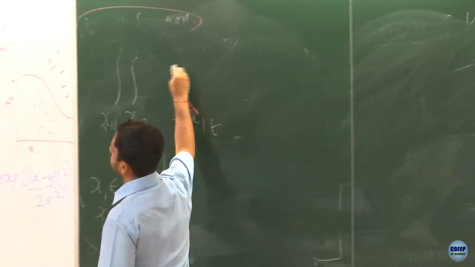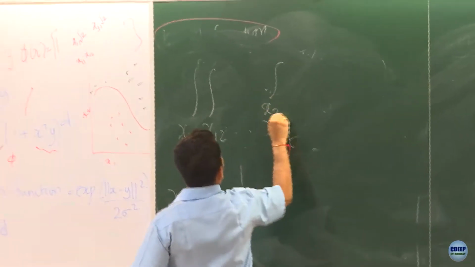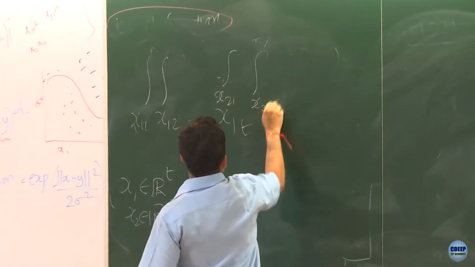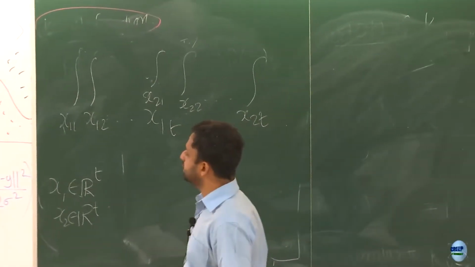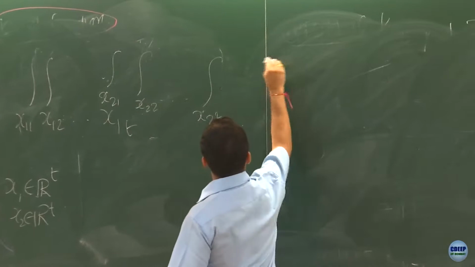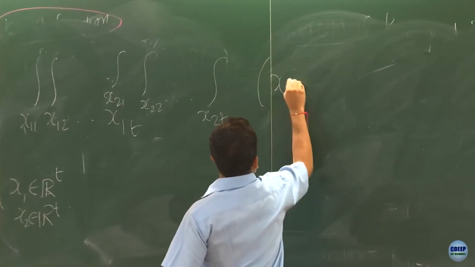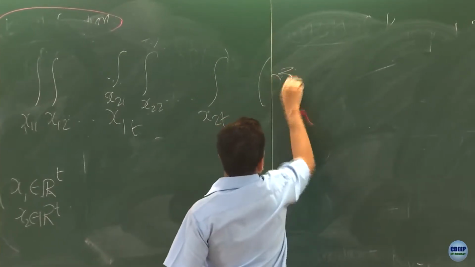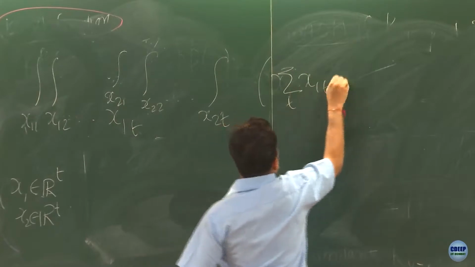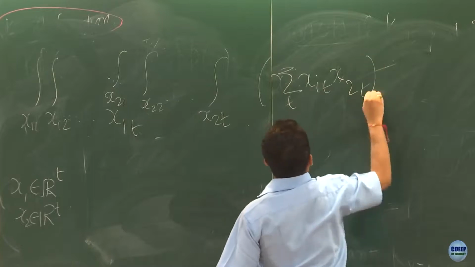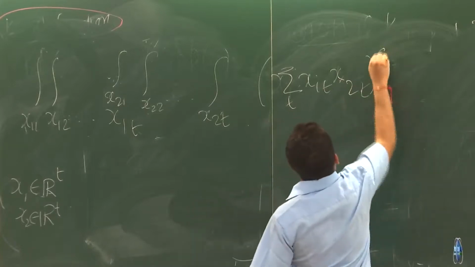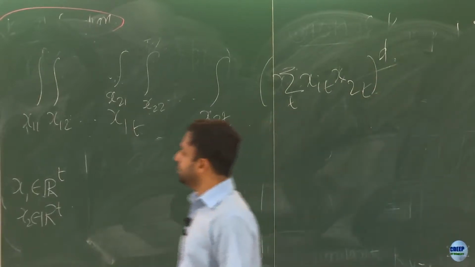So same thing here, integral over x21, x22, up to x2t. This is the original term I am dealing with.